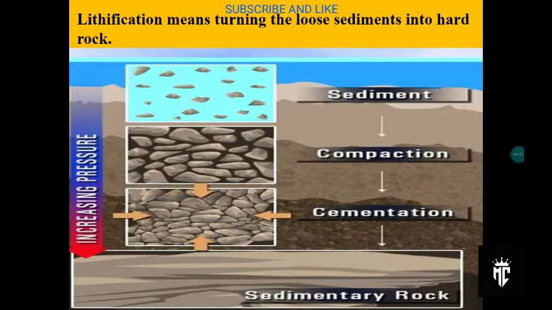At the end, you can see how the sedimentary rock is formed. Once all the sediments get compact, the minerals get mixed up. So all these three processes, evaporation or sedimentation, compaction and cementation, together combine to form lithification. And this is how sedimentary rock is formed.